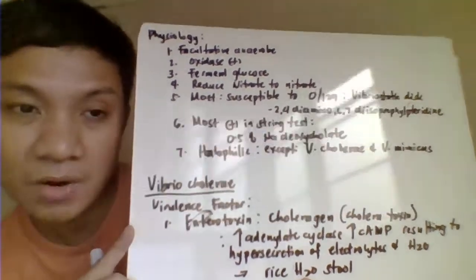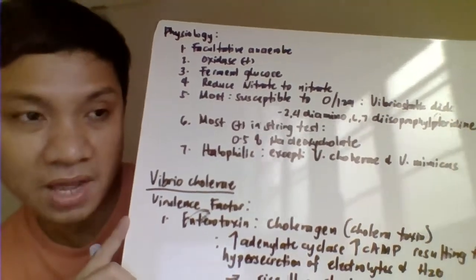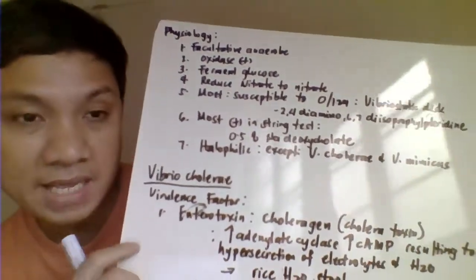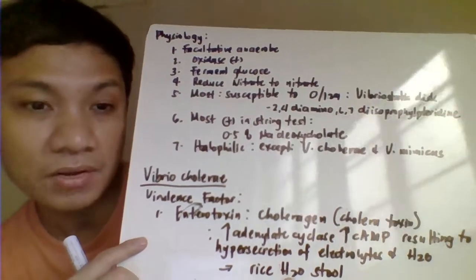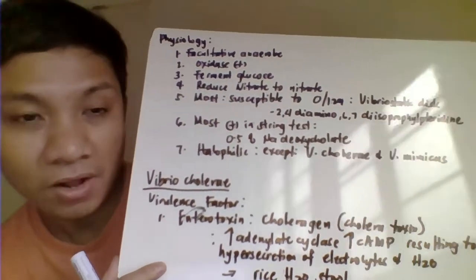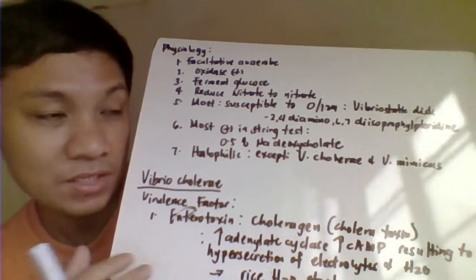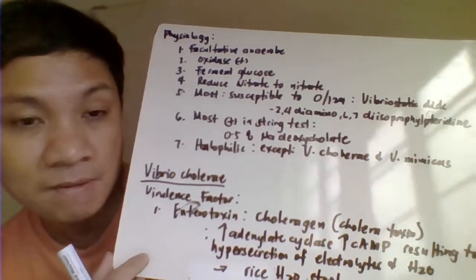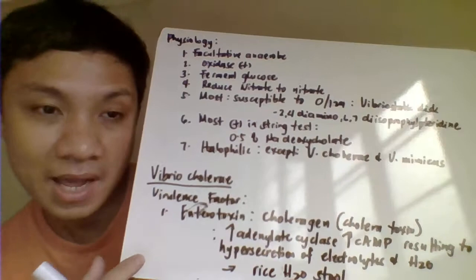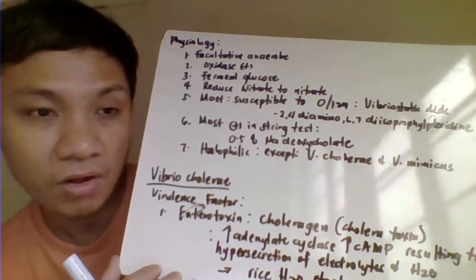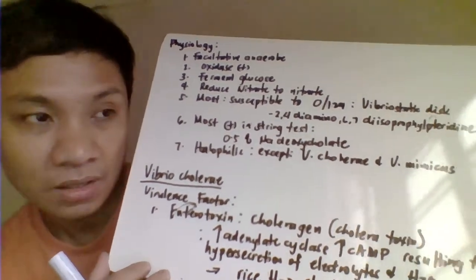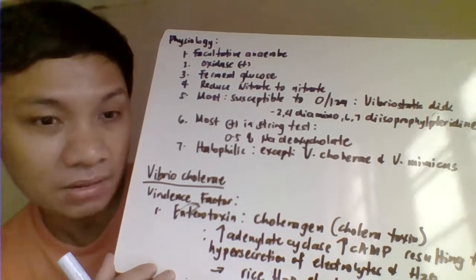We start our first species of Vibrio with Vibrio cholerae, which causes cholera through ingestion of contaminated food or shellfish, most likely shellfish poisoning. The gastroenteritis produced by Vibrio cholerae is due to the toxin choleragen, or cholera toxin.